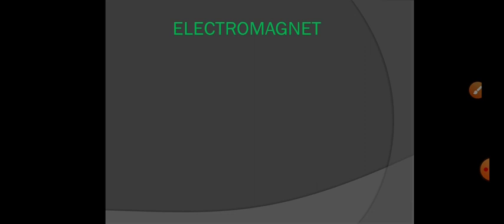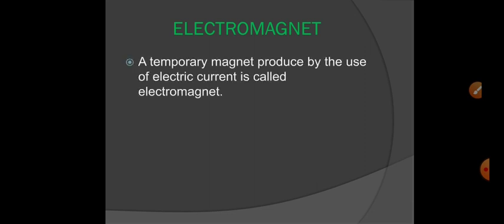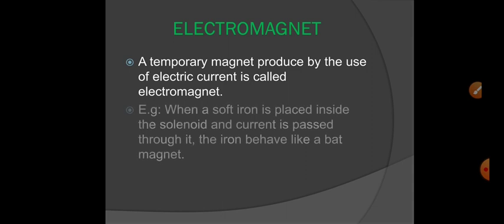The property by which a magnetic substance like iron, especially soft iron, is converted into a magnet by the passage of electricity is called an electromagnet. In other words, a temporary magnet produced by the use of electric current is called an electromagnet.